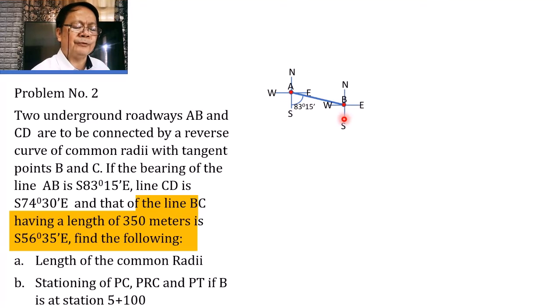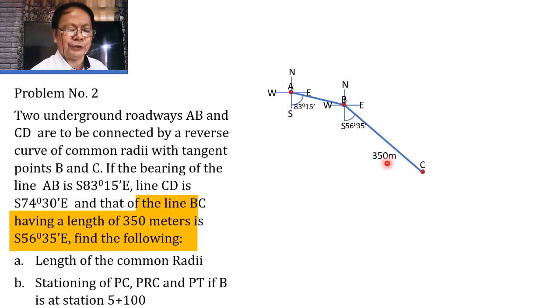Let us find the location of point C by looking at how it is directed, south 56 degrees 35 minutes east. Somewhere here we shall locate our point C. This point therefore is our point C, and has a distance of 350 meters. So let us indicate the distance of 350.